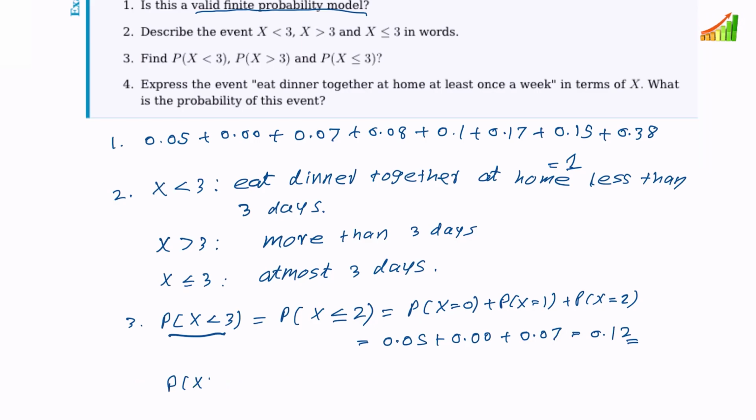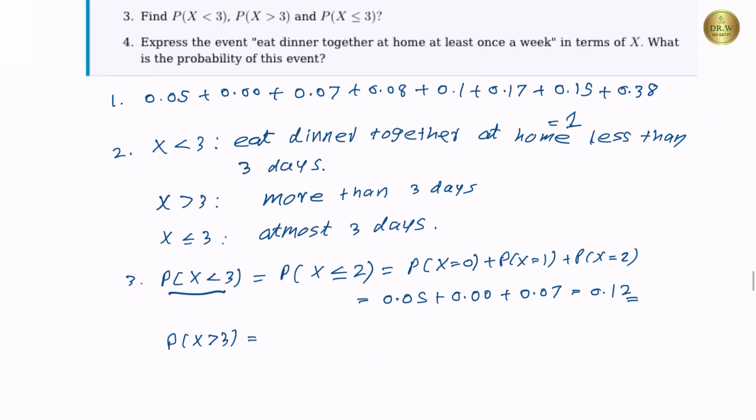Probability x greater than 3. How do we find it? First, understand the numbers. We can write x greater than 3 as x greater than or equal to 4. Again, this is true only for the discrete case.